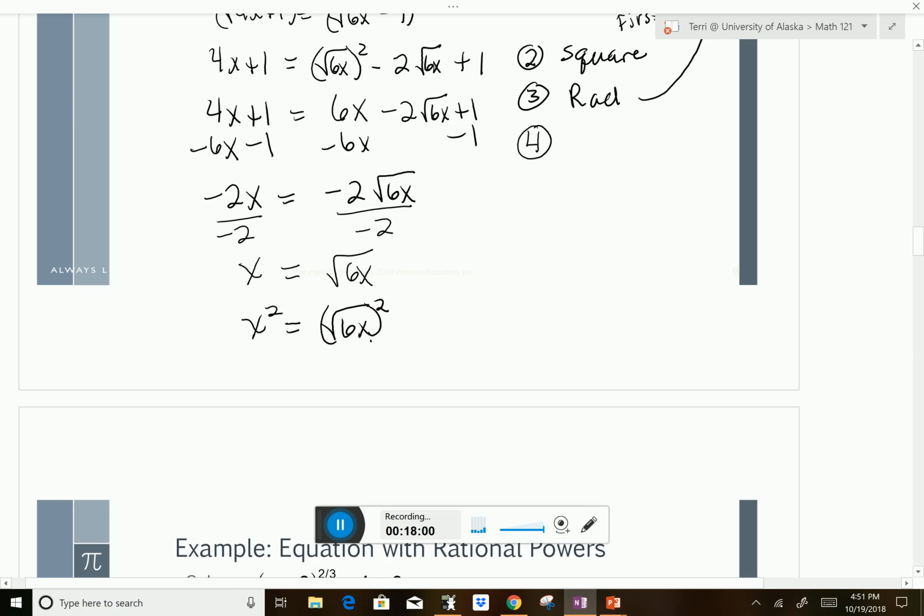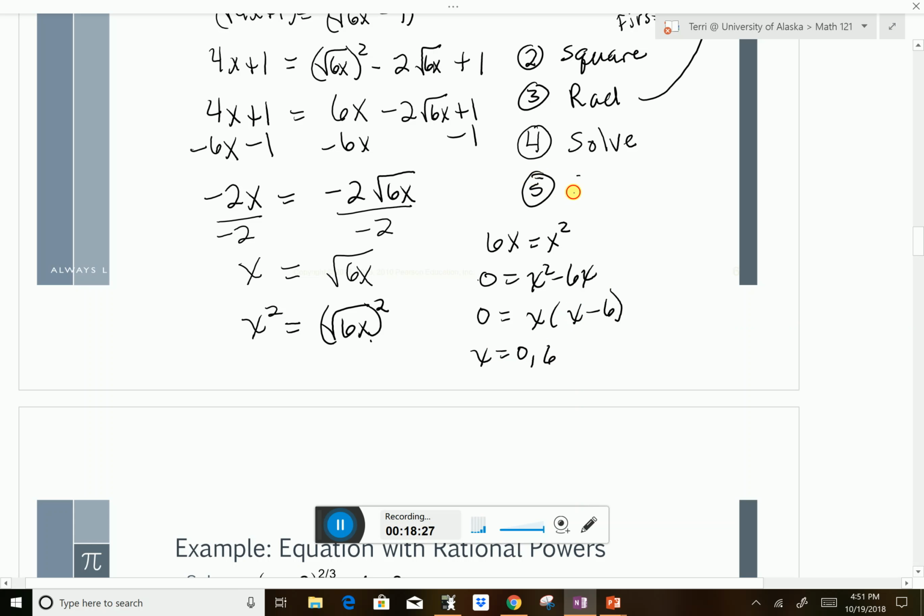So the radical goes away, then solve the resulting equation. So now we have 6x equals x squared. We can put everything on one side, 0 on the other. x squared minus 6x. We can factor out an x. So x is either 0 or 6.